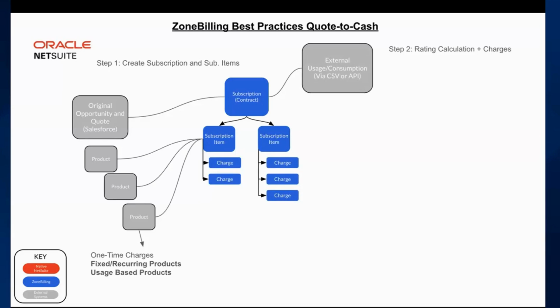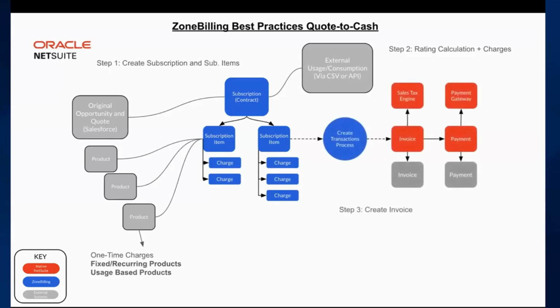And charges are really future line items that go on an invoice, which is then the third step, which is to create the invoice, which is a native NetSuite invoice record, and then you follow your payment setup. Maybe you have some approvals. None of that changes. We just give you the flexibility to, again, get more creative with the way that your contracts are set up for your customers.